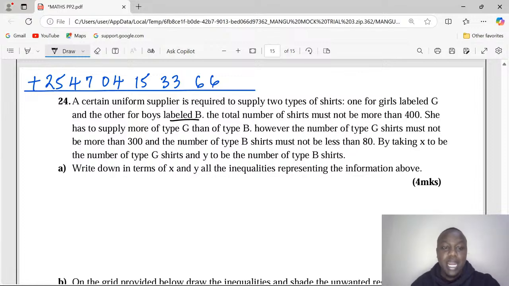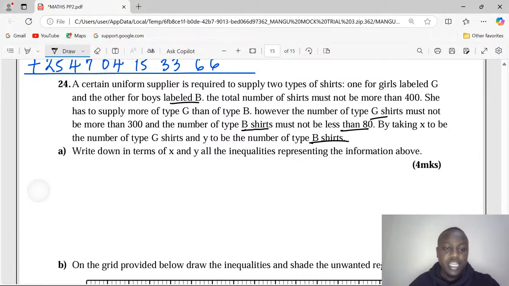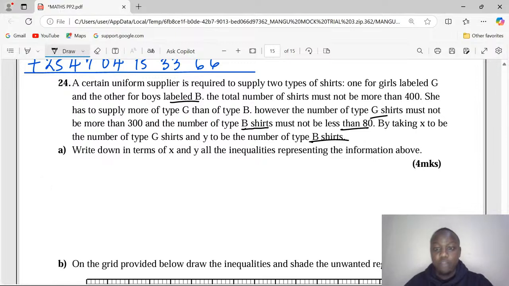She is asked to supply more of type G than of type B. However, the number of type G shirts must not be more than 300, and the number of type B shirts must not be less than 80. By taking X to be the number of type G and Y to be the number of type B shirts, write down in terms of X and Y all the inequalities representing the information above.